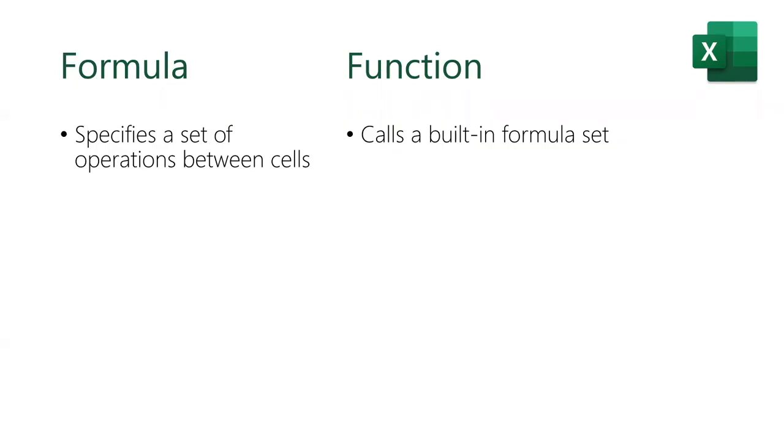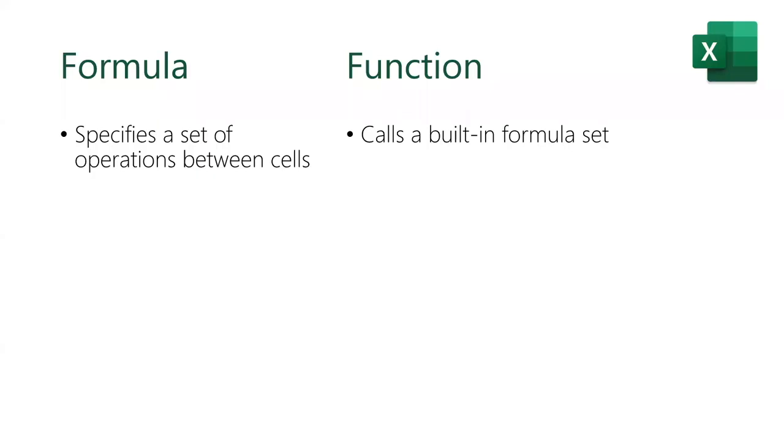The moment you use a built-in function called average, Excel is still going to break it down into saying sum and count, but you did not have to specify the summation, right? It came in automatically. So it has called a built-in formula set, and it has given you the answer.